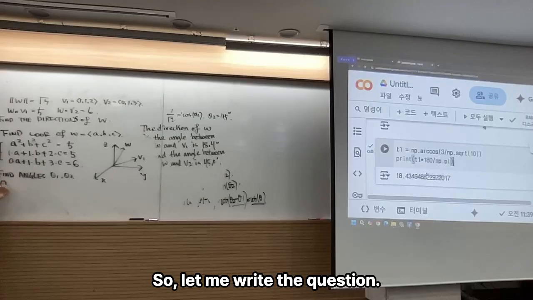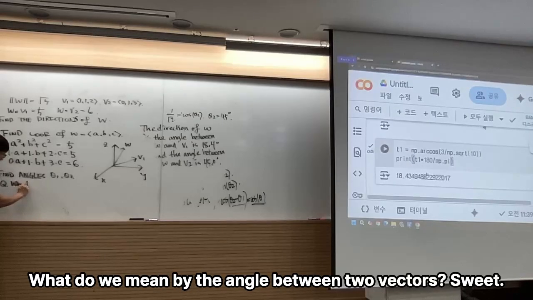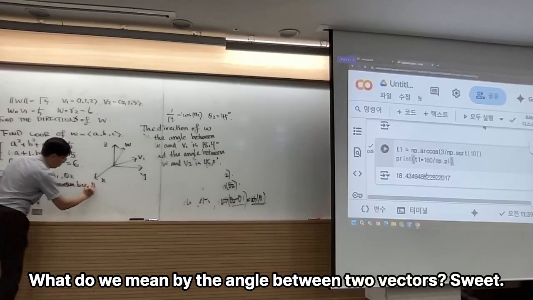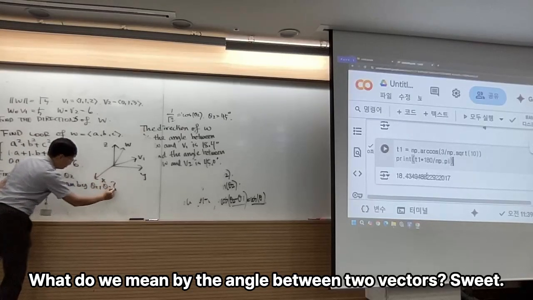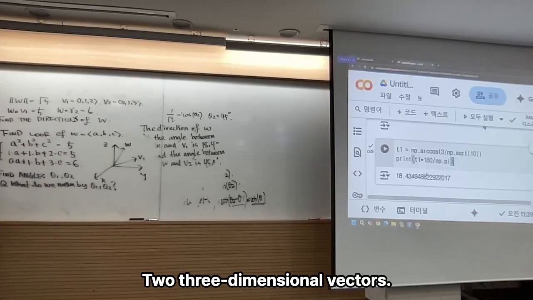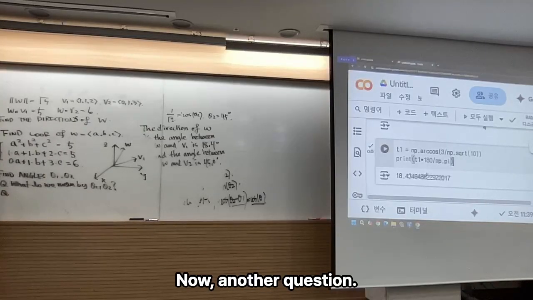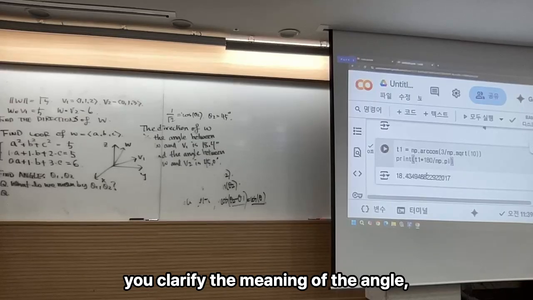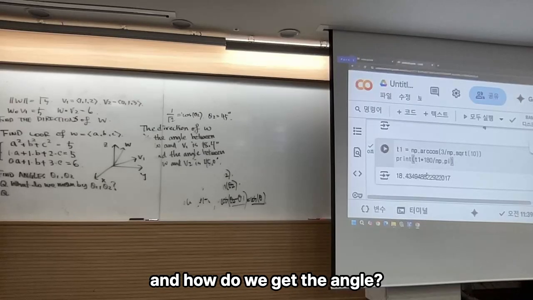So let me write the question. What do we mean by the angle between two three-dimensional vectors? Then another question: suppose you clarify the meaning of the angle, how do we get the angle?